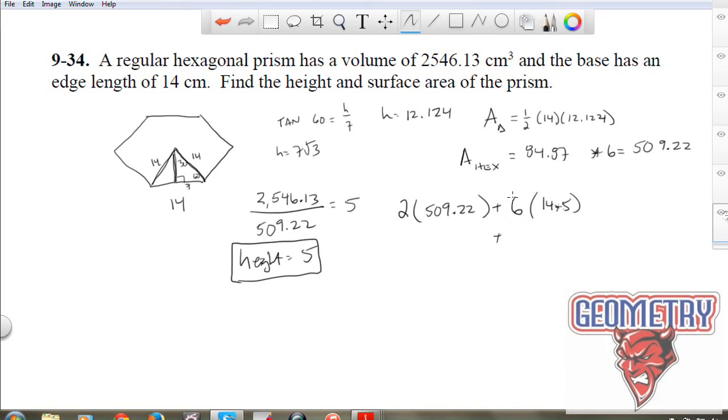So 509.22 times 2 is 1018.44, plus our 14 by 5 section, and there's 6 of those, so plus 420 ends up being 1,438.44 as the total surface area.